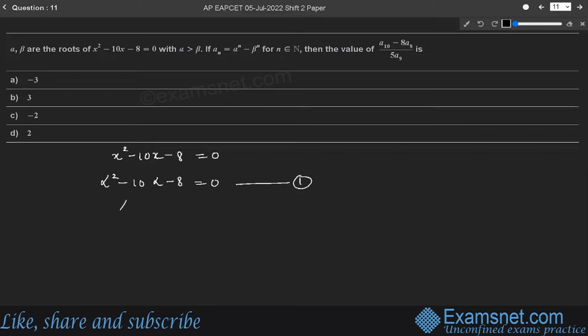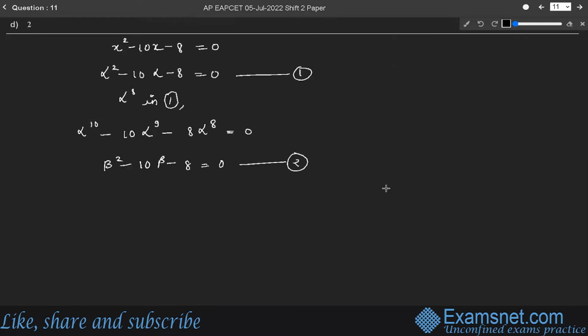Multiplying by alpha power 8 in equation number 1, we get alpha power 10 minus 10 alpha power 9 minus 8 alpha power 8 is equal to 0. Similarly, beta is also a root of the equation. So it can be written as beta square minus 10 beta minus 8 is equal to 0. Let this be equation number 2. Again, multiply by beta power 8 in equation number 2.